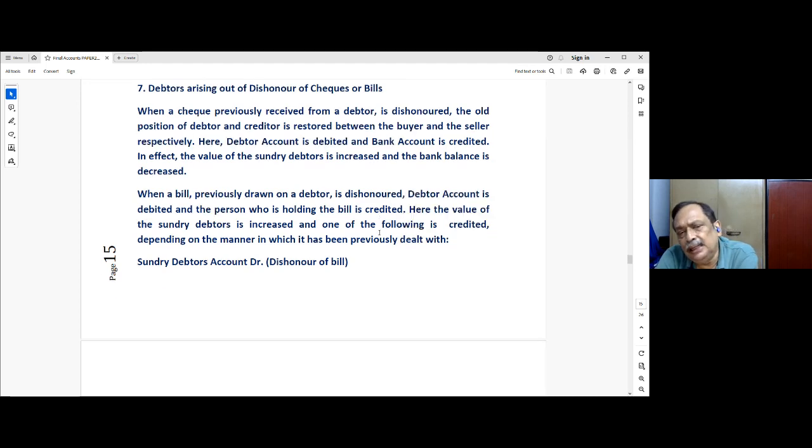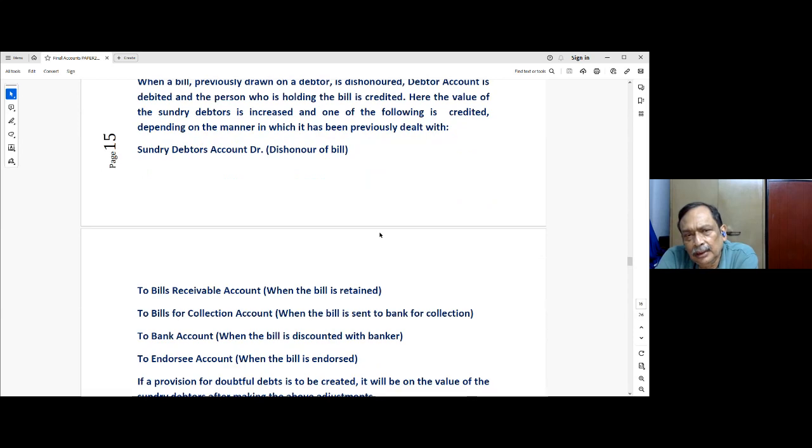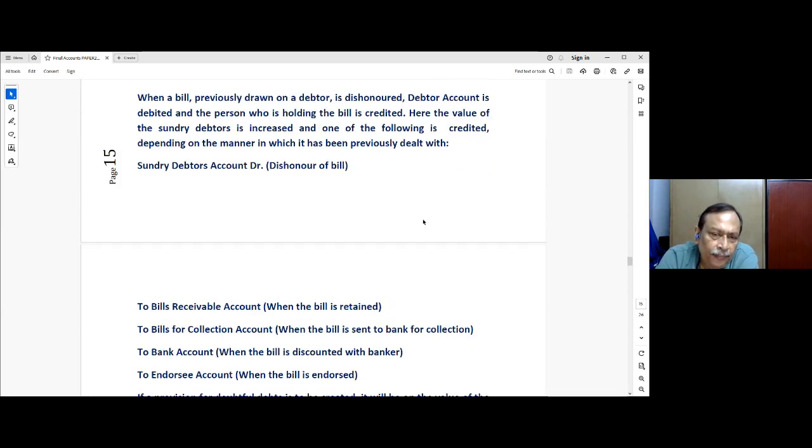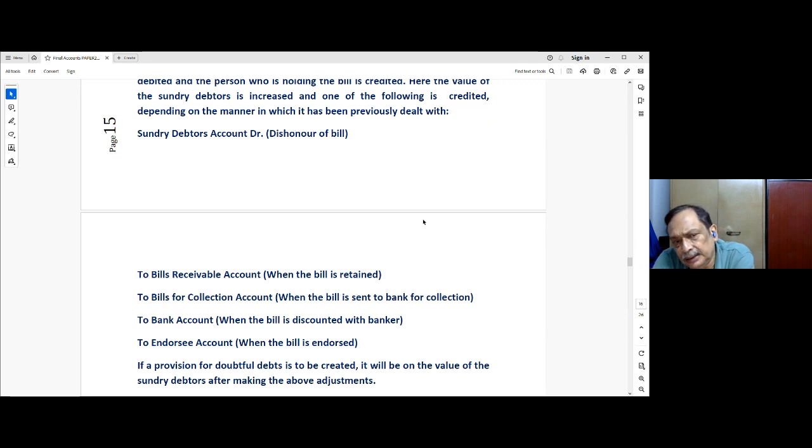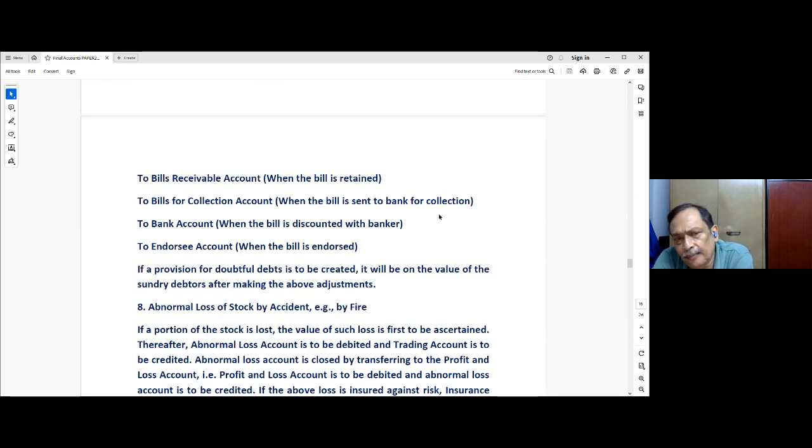So we have to debit sundry debtors account for dishonor of bill to bills receivable account when the bill is retained, to bills for collection account when the bill is sent to bank for collection, to bank account when the bill is discounted with the banker, to endorsee account when the bill is endorsed, that is transferred to a third party.